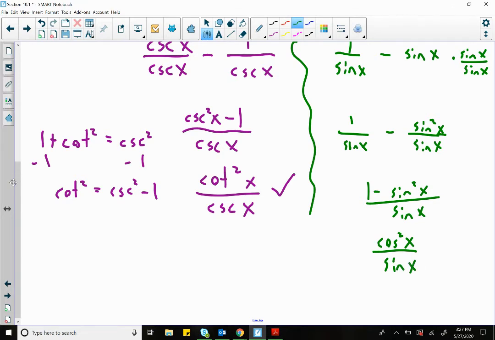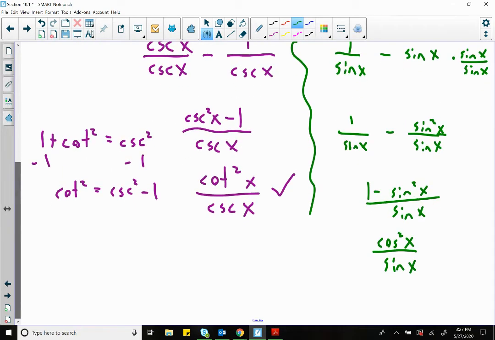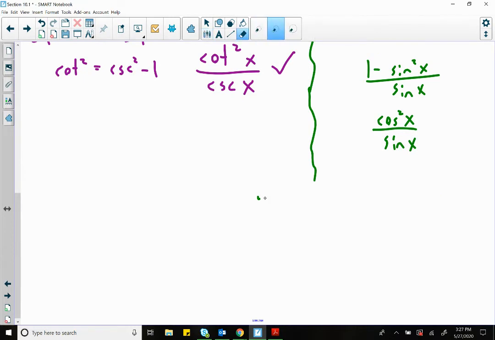I really do feel like I'm missing something here. That's weird. That is 1 over sine minus sine. Okay. So what is cosine over sine? Because we can separate this out, since this is like 2 fractions. Again, there's lots of algebra to this.